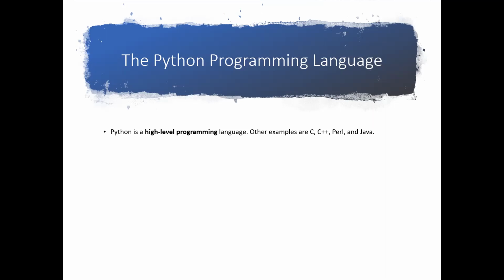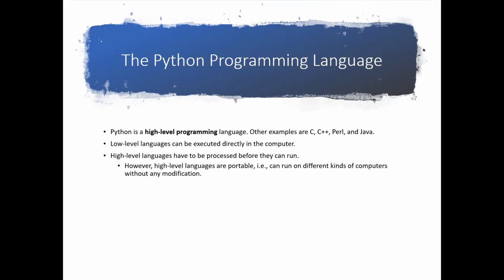Whereas in the early days you had to use low-level languages, with zeros and ones and so on. But you still need program conversion, right? So we can write high-level language programs and run them on many systems, because when you want to run it, you can make the conversion then.